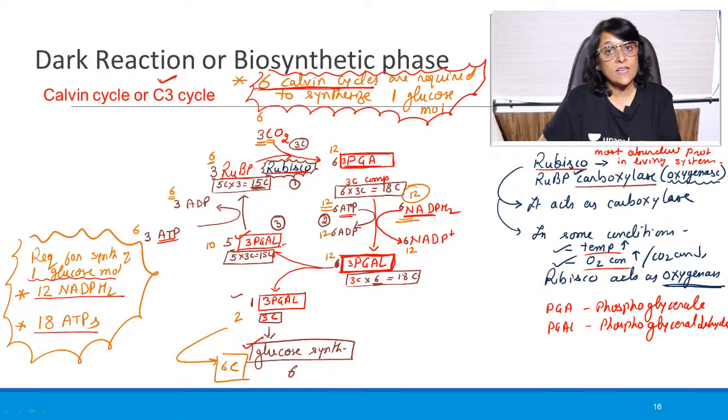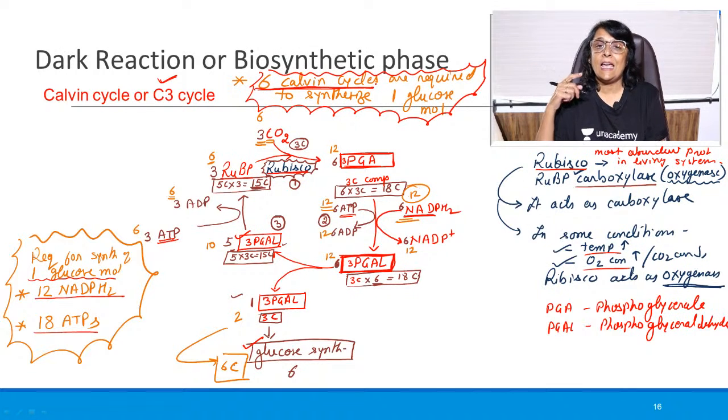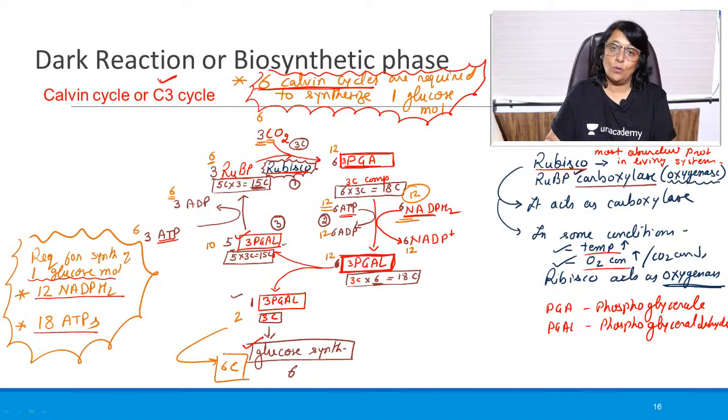If we say 6 Kelvin cycles, that means in every Kelvin cycle there is only 1 carbon dioxide molecule which would be taken in. So this is our dark reaction, C3 cycle or Kelvin cycle or biosynthetic phase. Why are we calling it biosynthetic? Because here we are able to synthesize that biomolecule, that is carbohydrate or glucose.